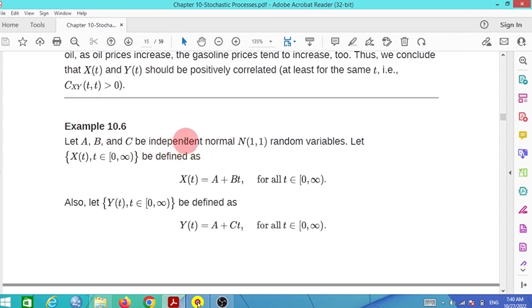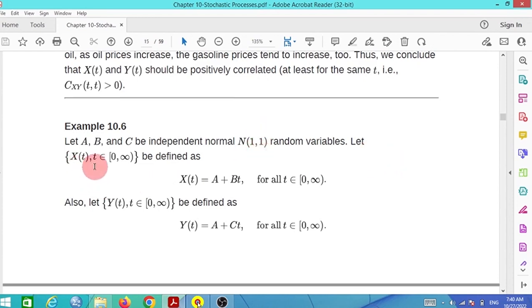For the meaning of independent, go back to the previous chapter, 3 or 4, and study the subject of independence. And the distributions are normal with mean 1 and variance 1.